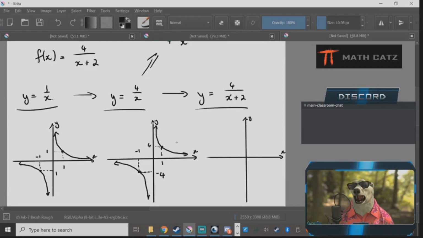There's evidence. Now I replace x with x plus 2, which means I shift everything to the left by 2 units. And now the vertical asymptote that sat at the y-axis becomes visible. We'll put it over here and now it sits at -2.